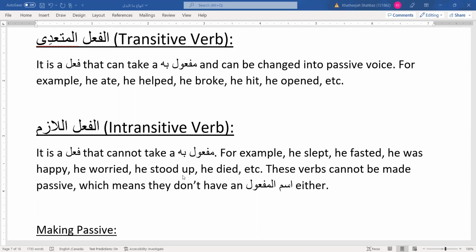So now it is clear what is al-fi'lul muta'addi and what is al-fi'lul lazim. Al-fi'lul muta'addi, again I'm repeating this, can take a maf'ul bihi and it can be changed to passive voice, while that will not be possible for al-fi'lul lazim.